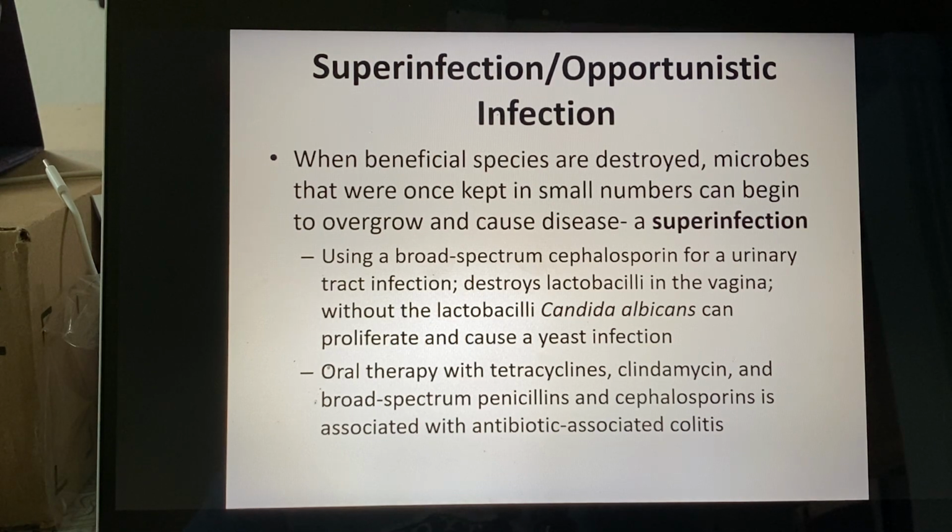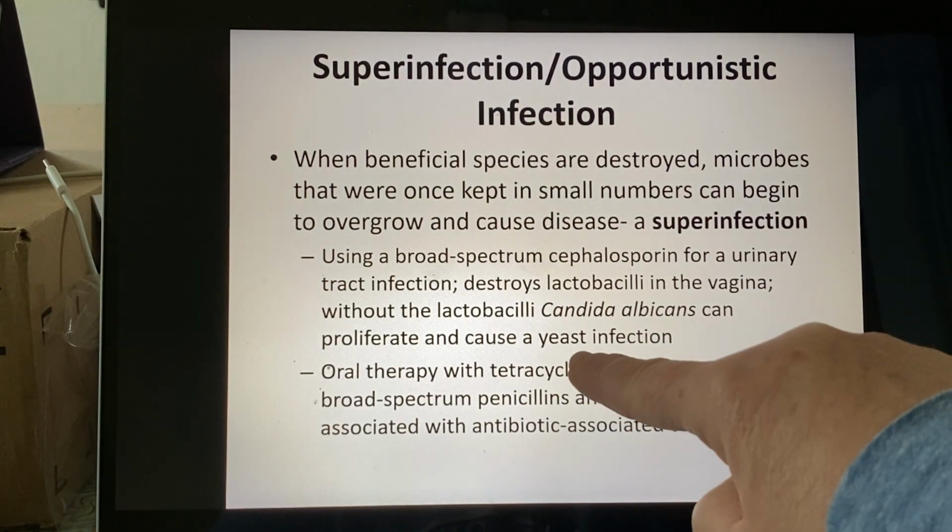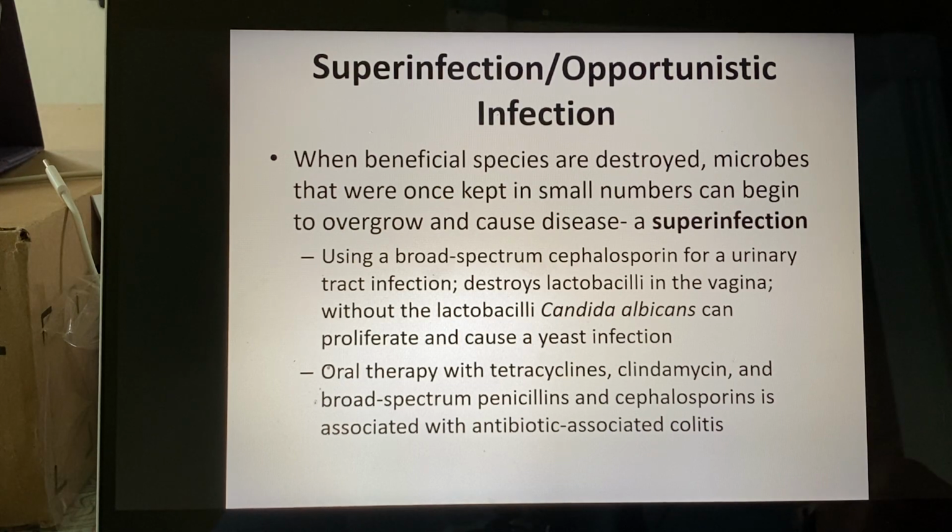And now yeast cells that are normally present in that environment can start to overgrow. Remember, Candida albicans is yeast, and yeast is fungi, so an antibiotic is not going to touch it. Okay, so that's why that happens. That's an example of an opportunistic infection or a superinfection.